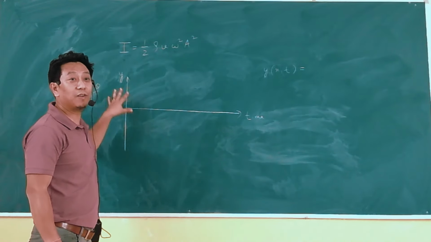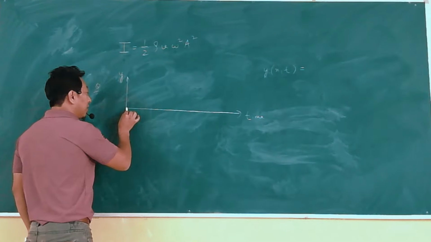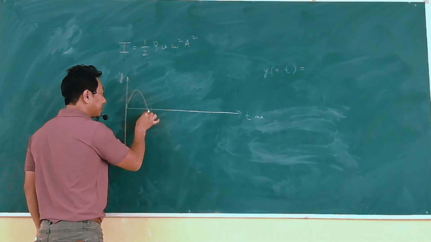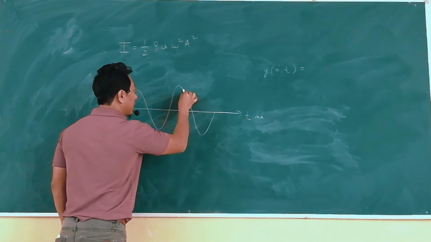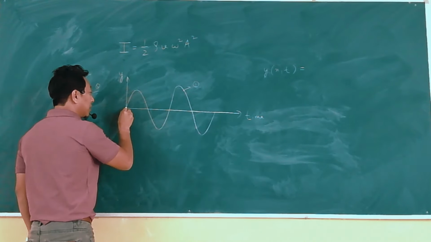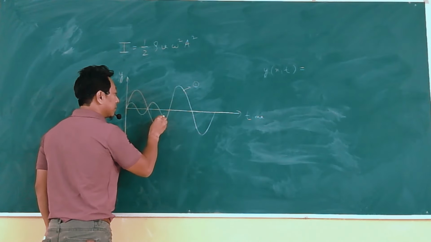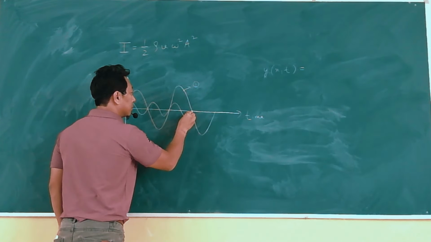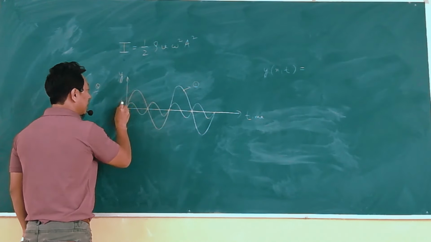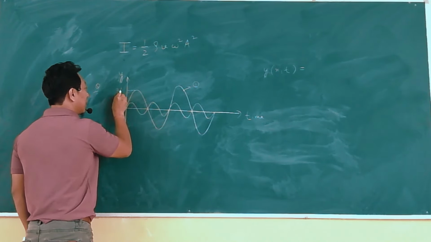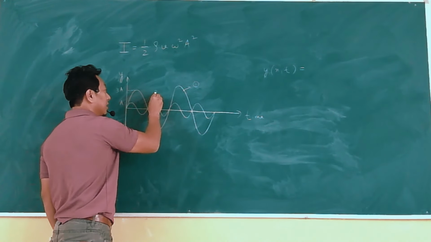So here they have given you a displacement versus time graph. For one wave it looks like this. For another wave it looks like this. This amplitude is A, this amplitude is 3A. This is for the first wave, this is for the second wave.